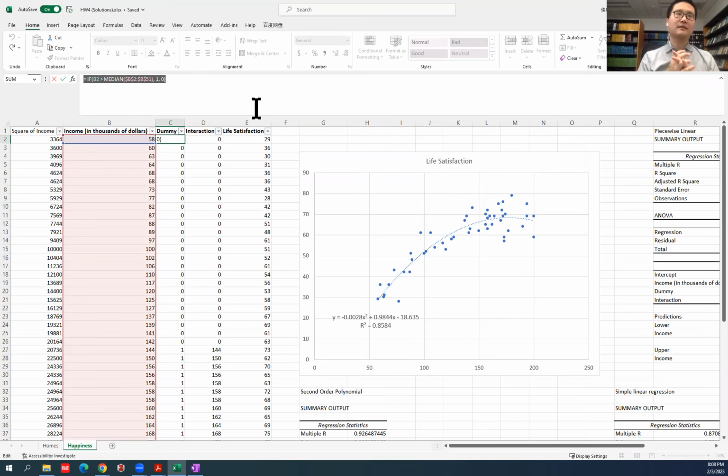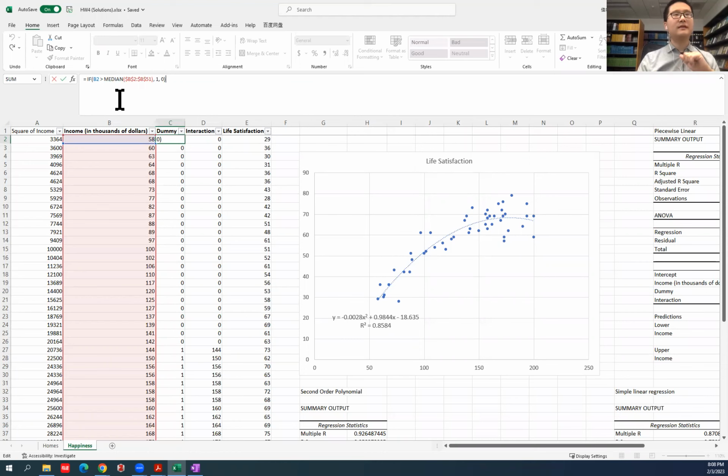That's why I also used the if-else function, just like how we built the indicators for city in the house price case. So here, as instructed, I used the median as the splitter. For those with an income above the median, the value for the dummy is 1, otherwise 0.